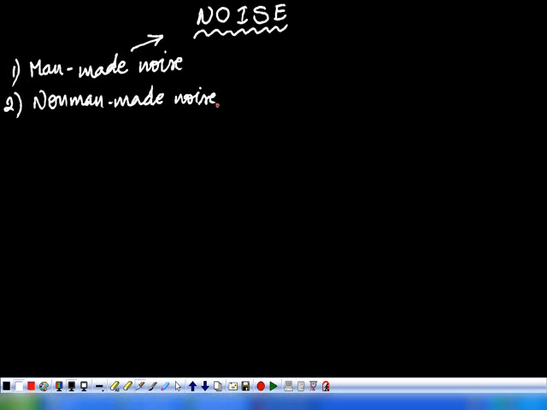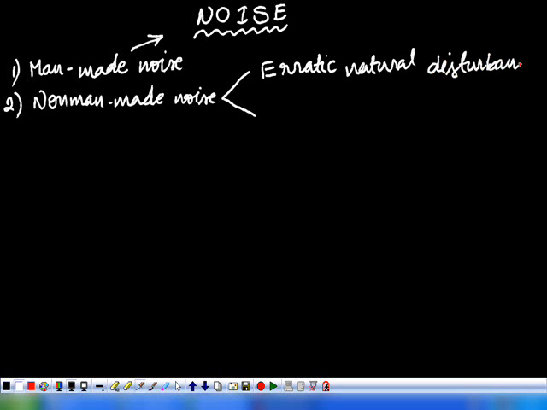But if you consider the non-man-made noise, there are two different types. One is erratic natural disturbances, whereas these two noises occur naturally.